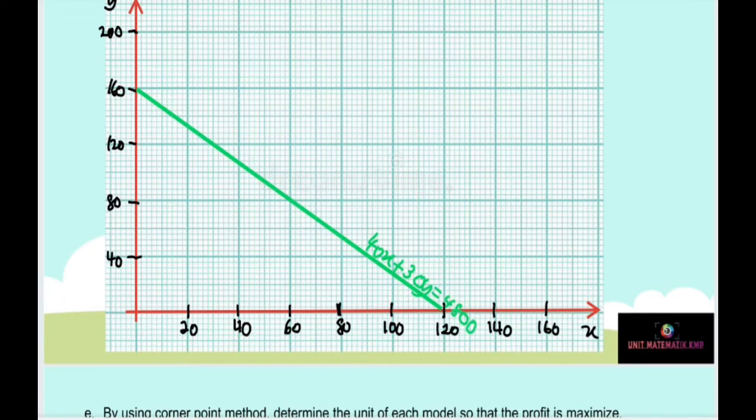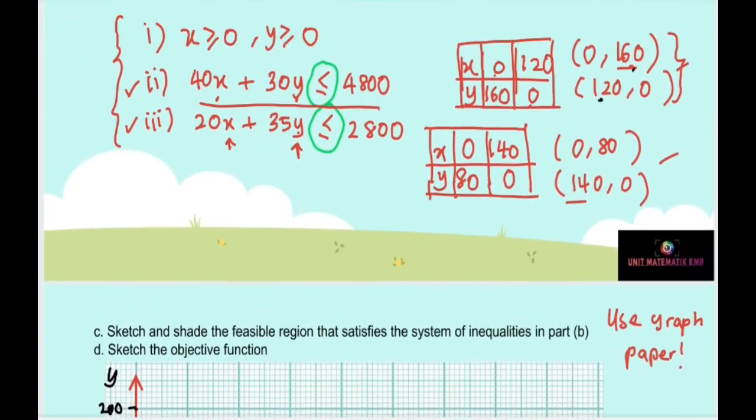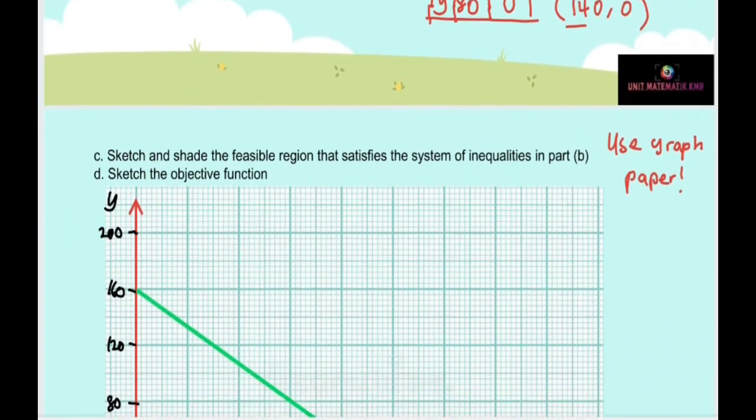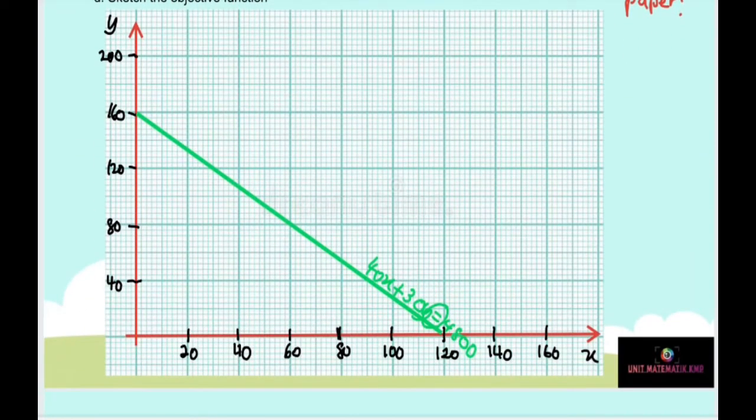Make sure this is an equation, not an inequality, with an equal sign here. And look at your inequality: because it is less than, your feasible region is below the line. So put an arrow sign, so the feasible region is below this line.